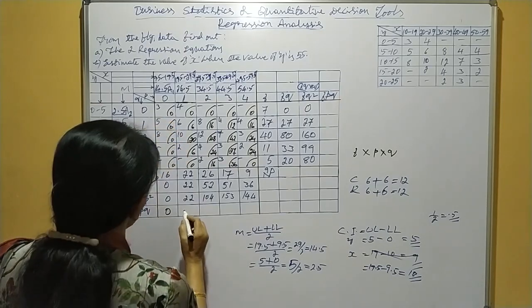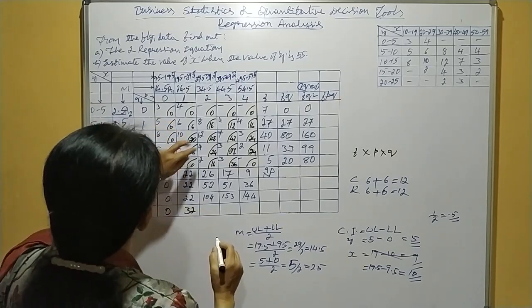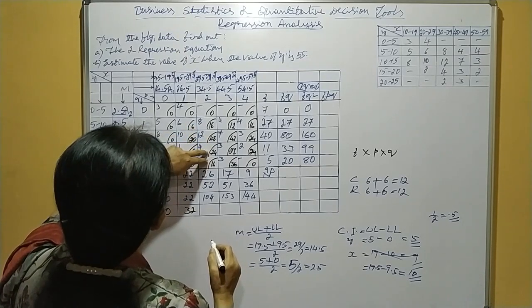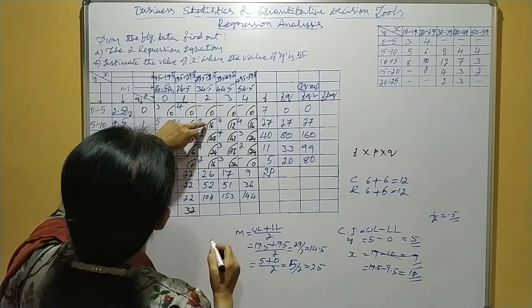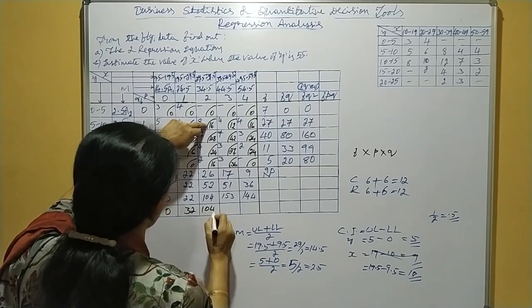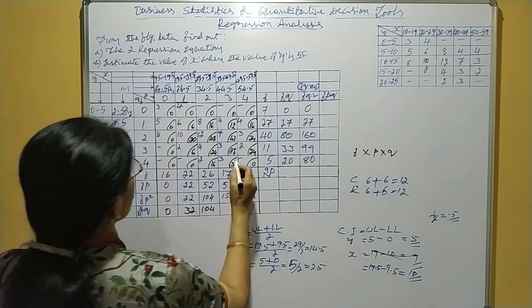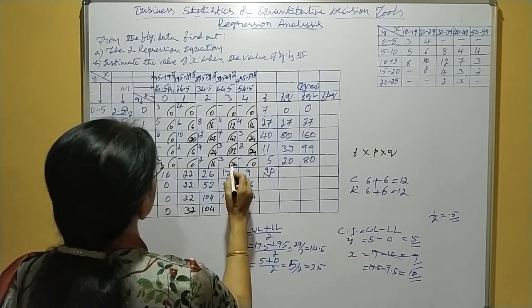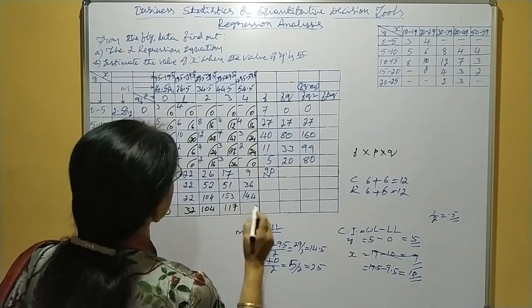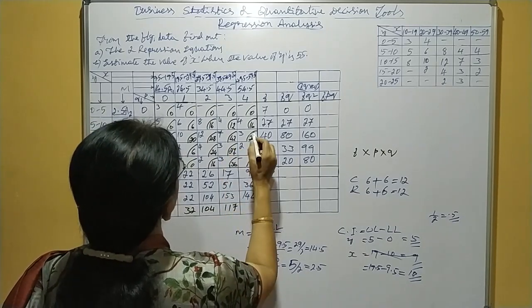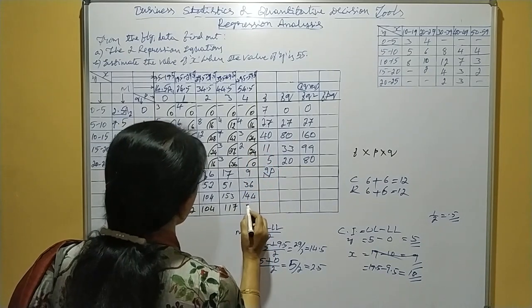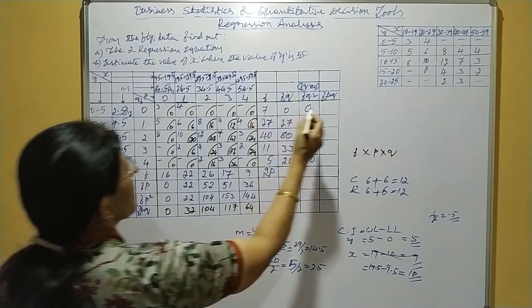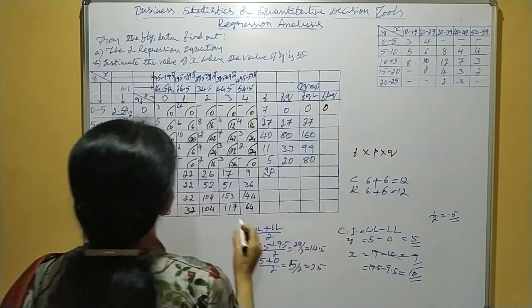Now, 32, 104, 105, 117, 64. Now take the rows total, 0.